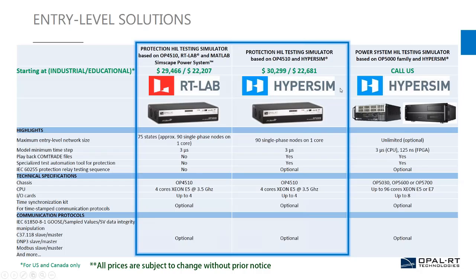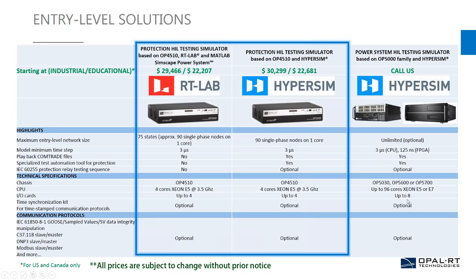If this is not enough for your application, you need a bigger network than 90 single-phase nodes, you can actually have an unlimited size network with our bigger simulators. Up to 96 cores Xeon E5 or E7, on which you could have up to 8 I/O cards in a single chassis, but to which you can add additional chassis for more I/Os as expansion boxes.